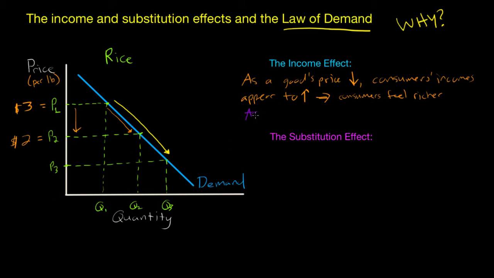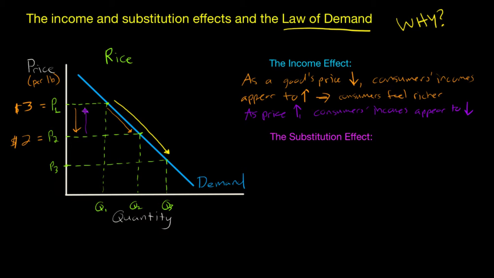If the price of a good rises, consumers' incomes appear to fall. We feel poorer. If the price of rice went from $2 back up to $3, then the consumer with only $10 of income per day now has only $7 after purchasing their pound of rice.